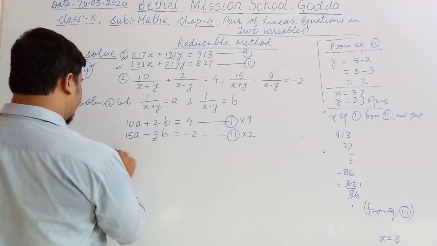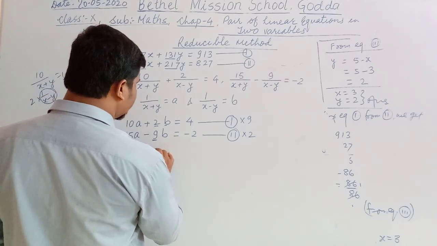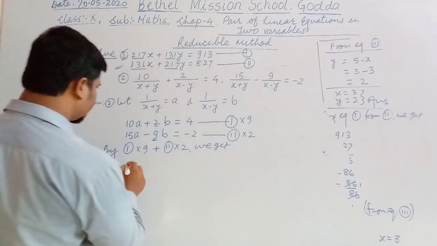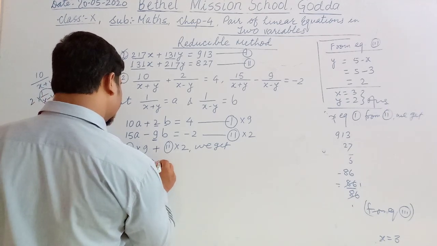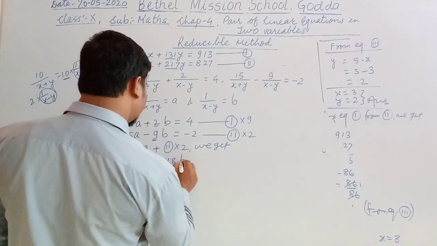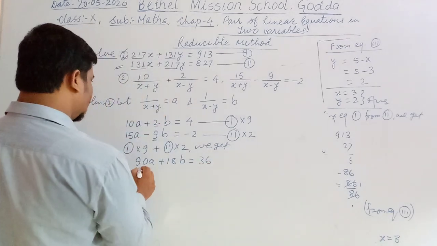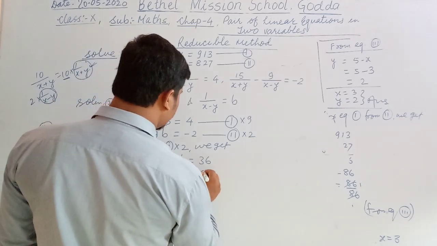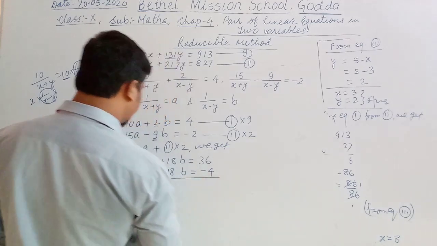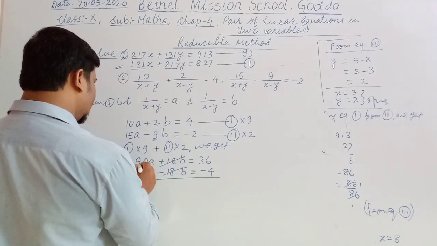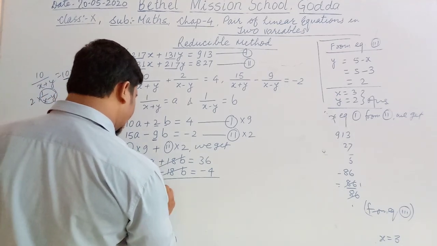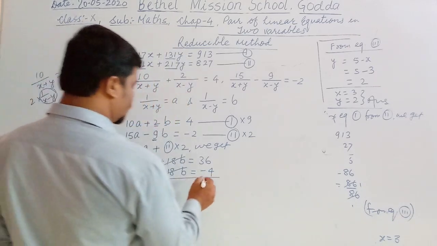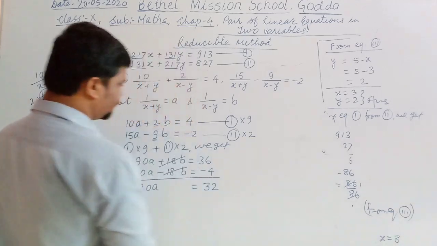Now we get 90a plus 18b equal to 36, and 30a minus 18b equal to minus 4. 18b is gone, and 90 plus 30 is 120a equal to 36 minus 4, which is 32.